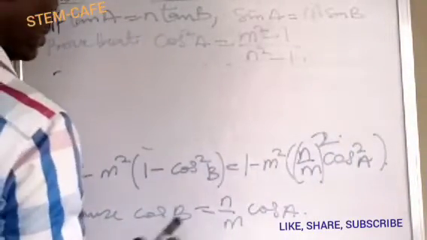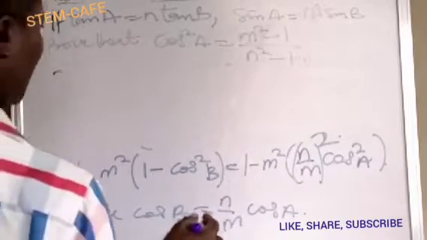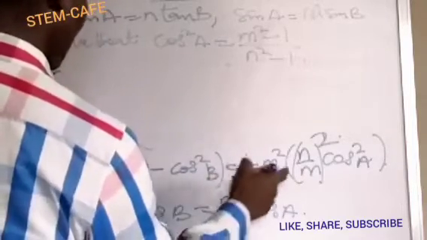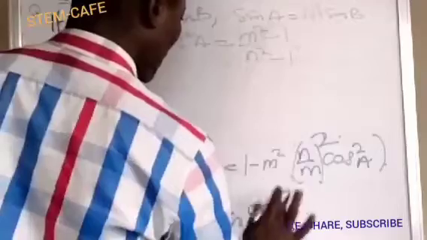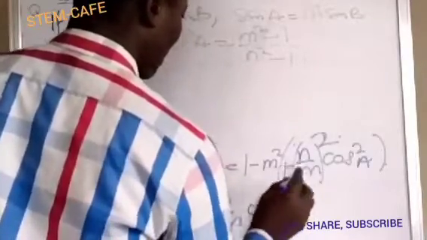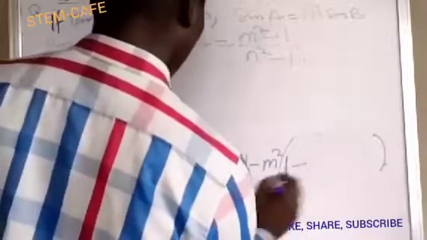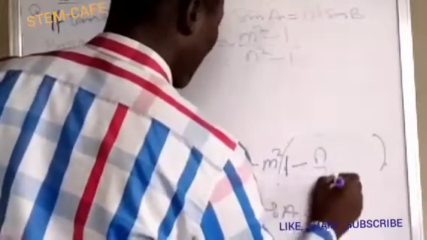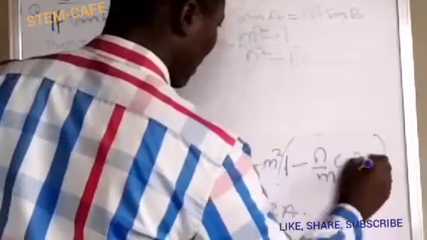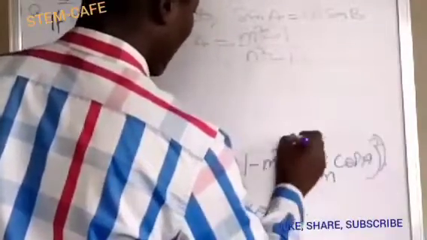So from here we have 1 minus m squared into 1 minus n over m cos A, squared.